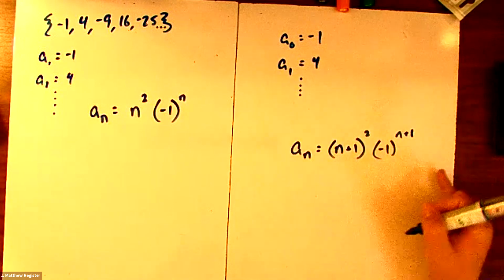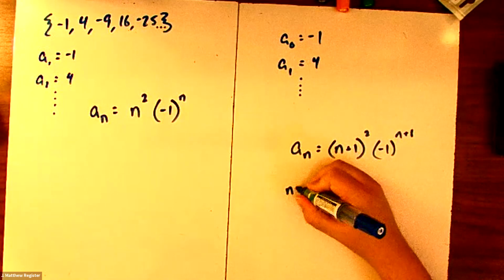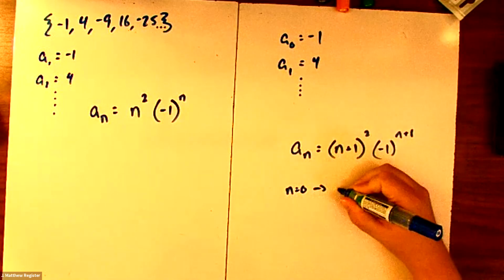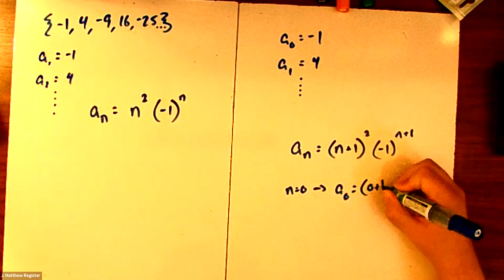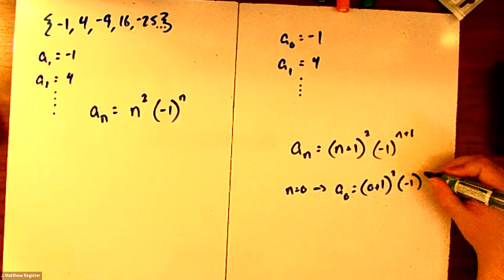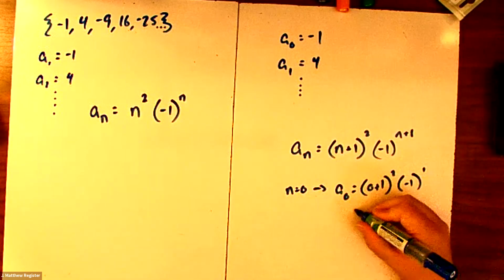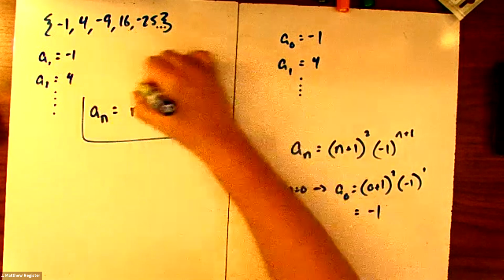Now you could actually check it out. And so at n equals 0, we get a sub 0 is equal to 0 plus 1 squared times -1 to the 1, which it turns out is -1. It's always a good idea to check your answers. And so in this case, you could go with this answer.